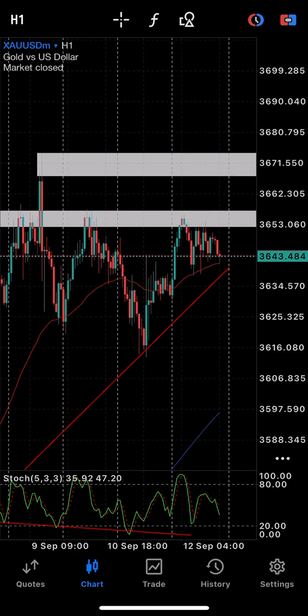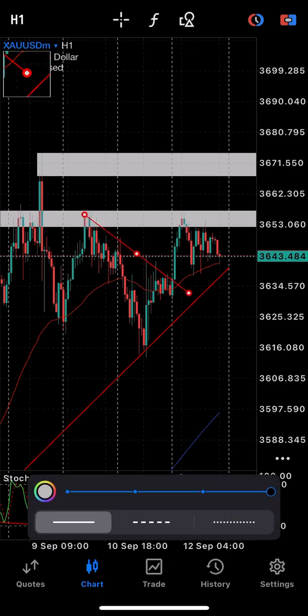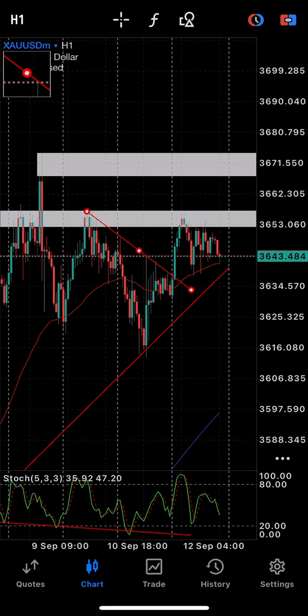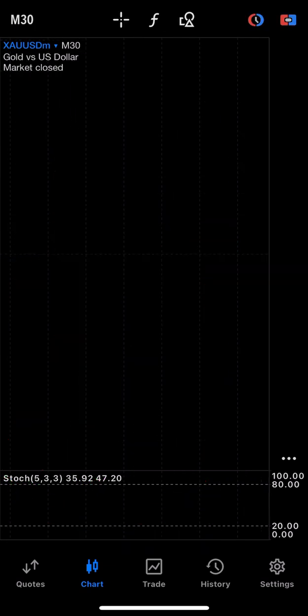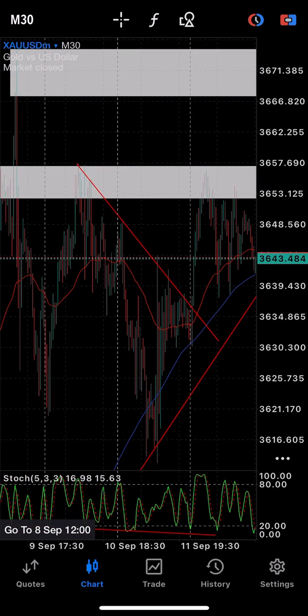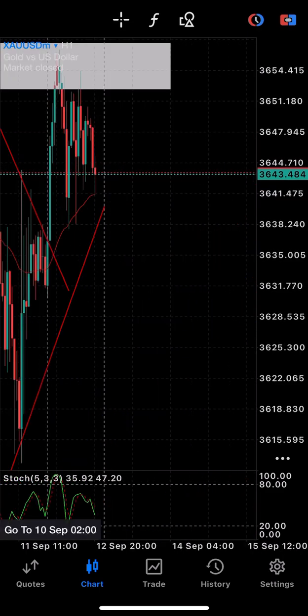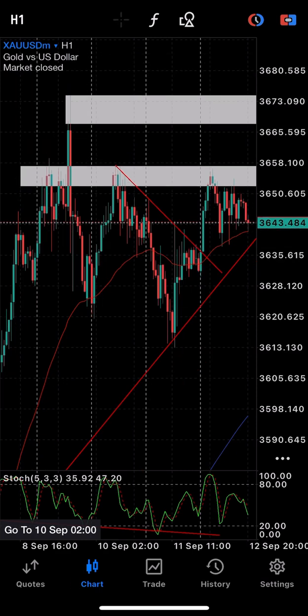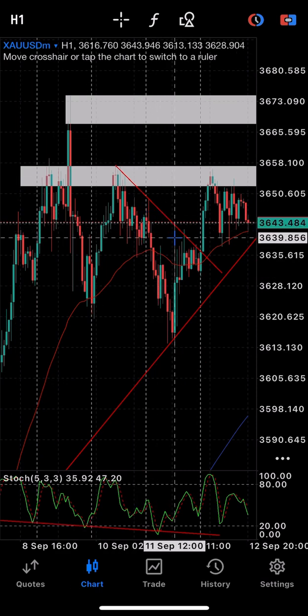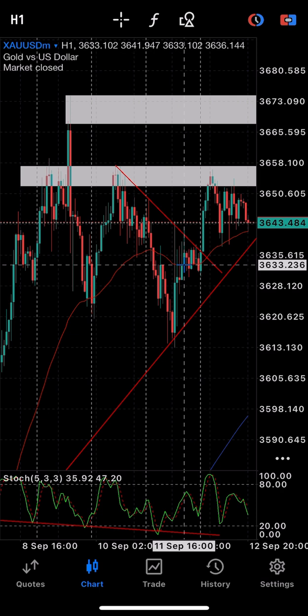But if you notice, after the CPI news on Tuesday, the market was selling from this trend line. If you look at this trend line on the M30 here and on the H1 here, you can see this rejection here.